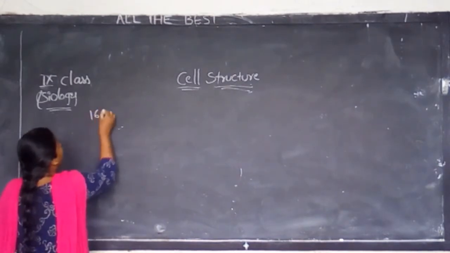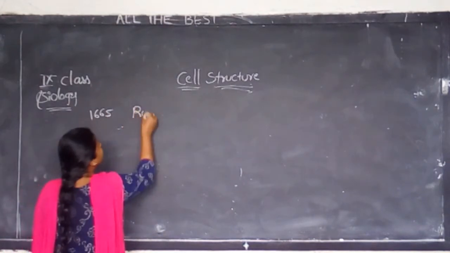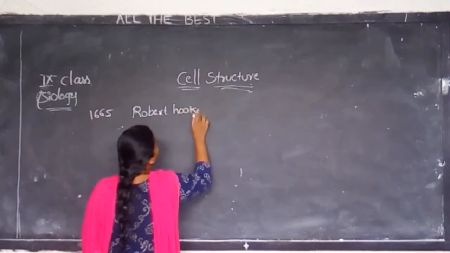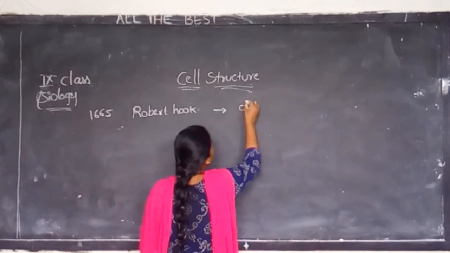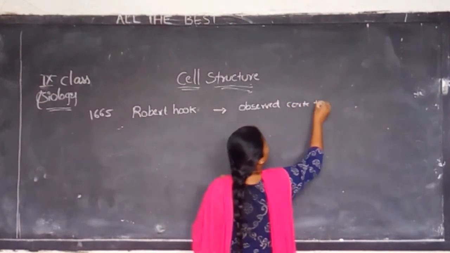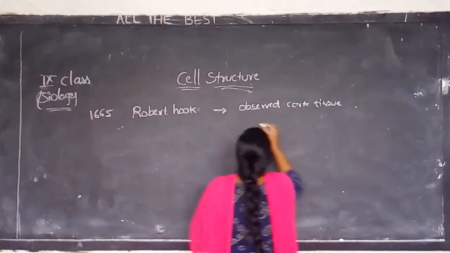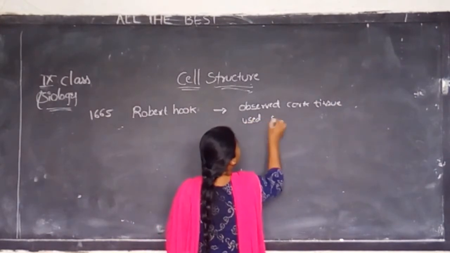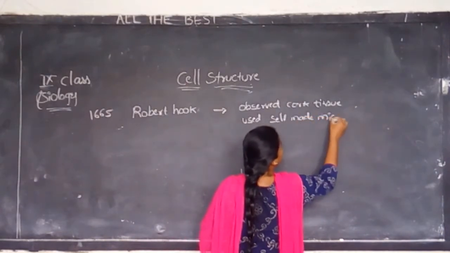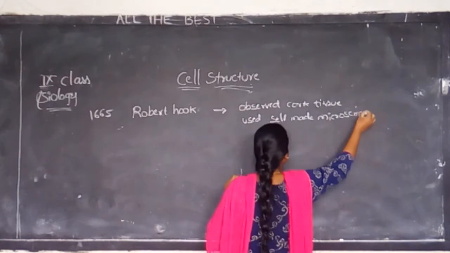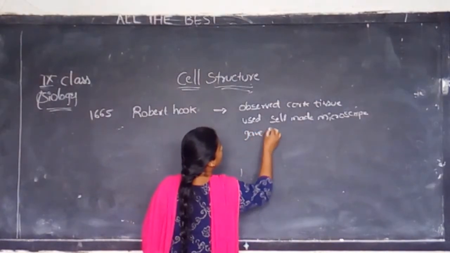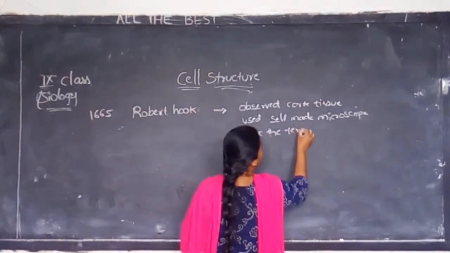In 1665, Robert Hooke observed cork tissue, used a self-made microscope, and gave the term cell.